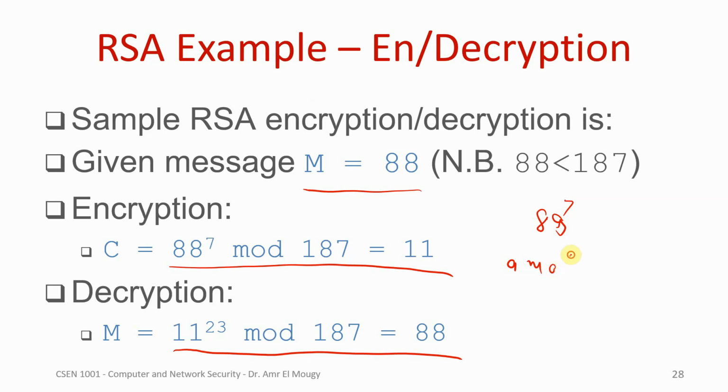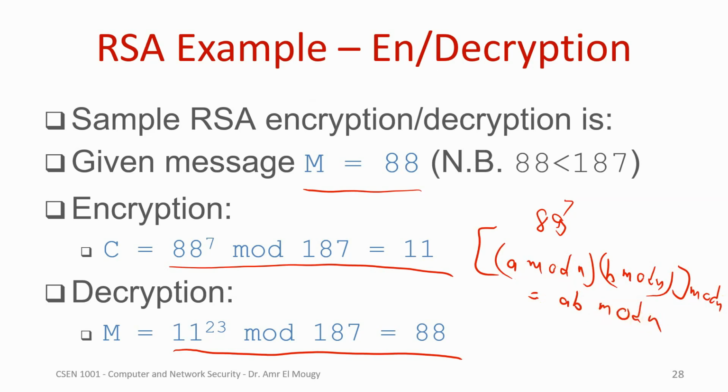This is because if you have a mod n multiplied by b mod n, all of this mod n, this is equal to ab mod n, as we explained before.